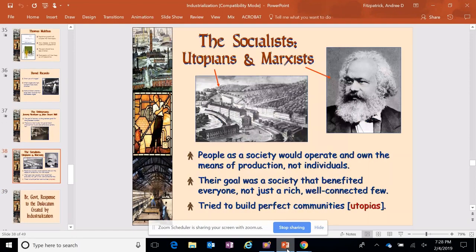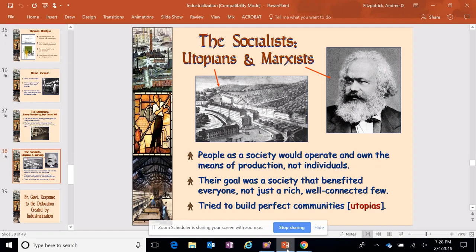Further to the left are the socialists. There were two versions of socialists. The early socialists were what we call utopian socialists. They felt like everyone should be benefiting from the profit of the factories and not just the capitalists or the factory owners. So what they envisioned was communities where the factory owner would act as a benevolent benefactor to his workers.